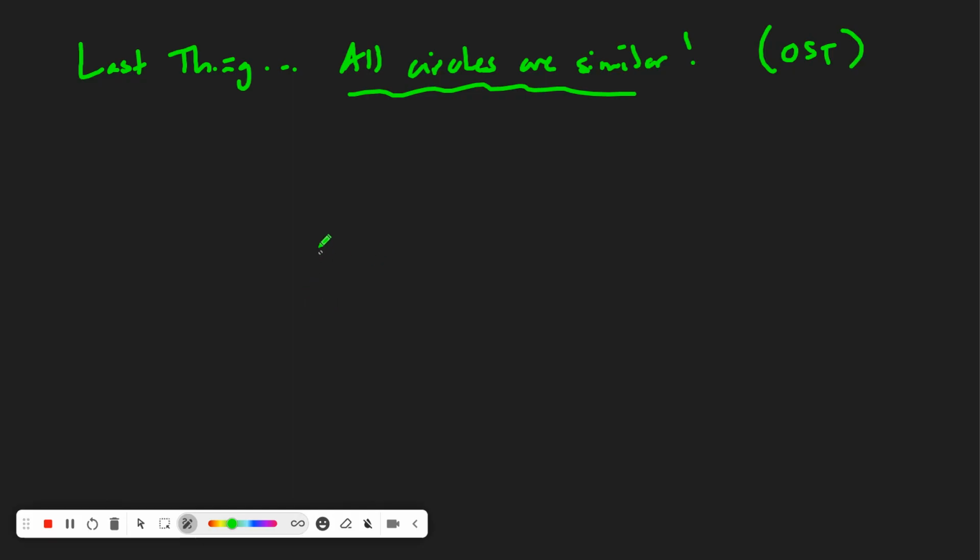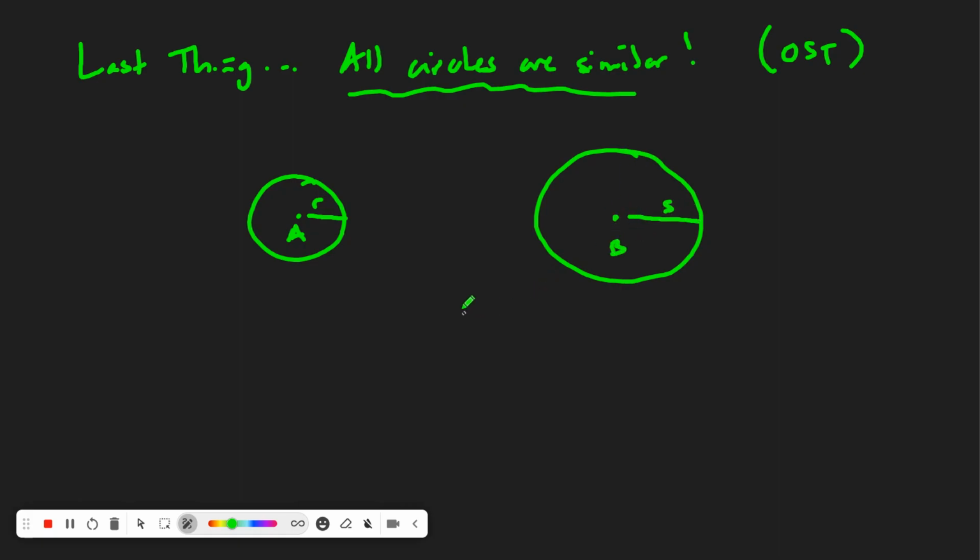So, for instance, say I have a circle with a center of A and a radius of R. I want to map it onto a circle with center of B, radius of S. Somehow, I need to move this circle so that A and B line up.